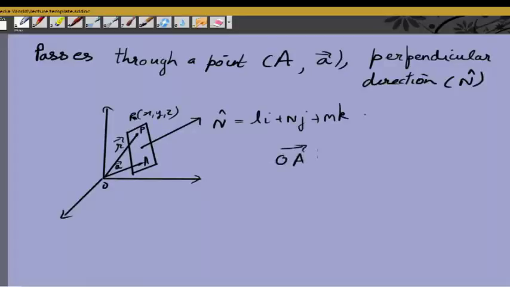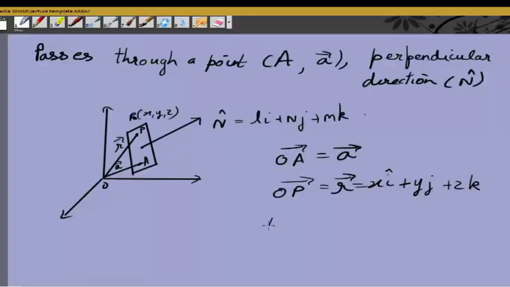OA vector is given to us to be a, this is known, and OP is equal to r, which is simply xi plus yj plus zk. So what is AP? It is equal to OP minus OA, which can be written as r minus a. Right? So this vector AP is r minus a.